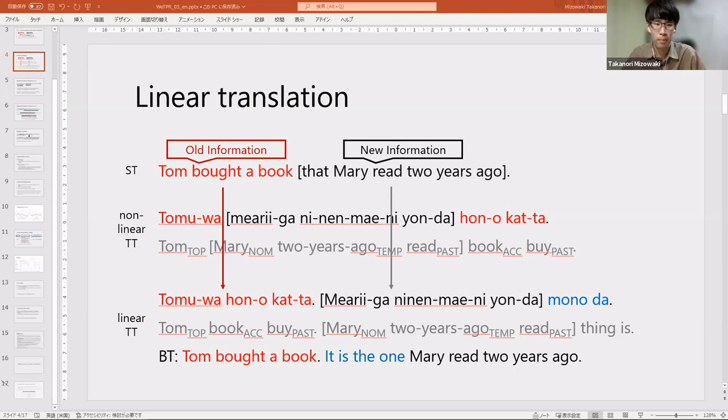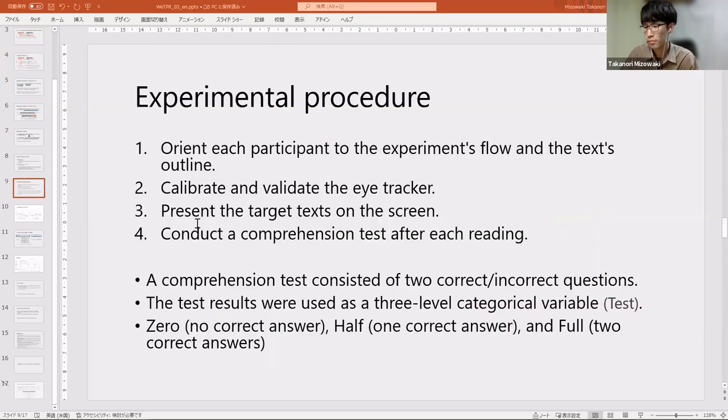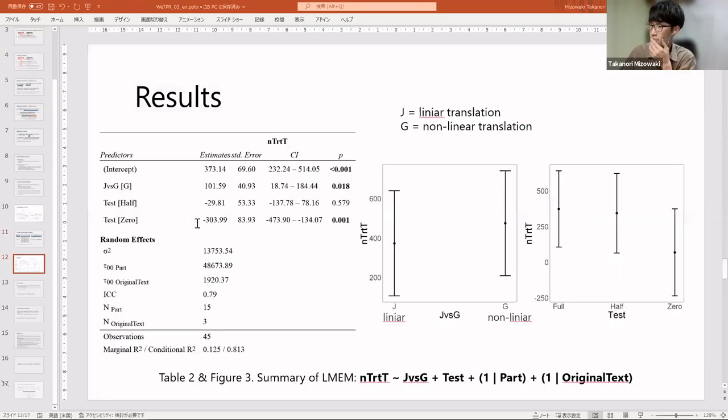Sorry, we have one more question over here. Hi, thank you for sharing your experiment with us, it was really meaningful. I remember that you showed us a graph of how non-linear translation had a shorter reading time.